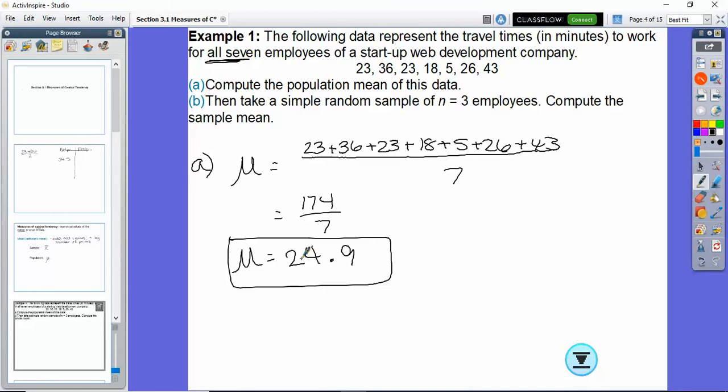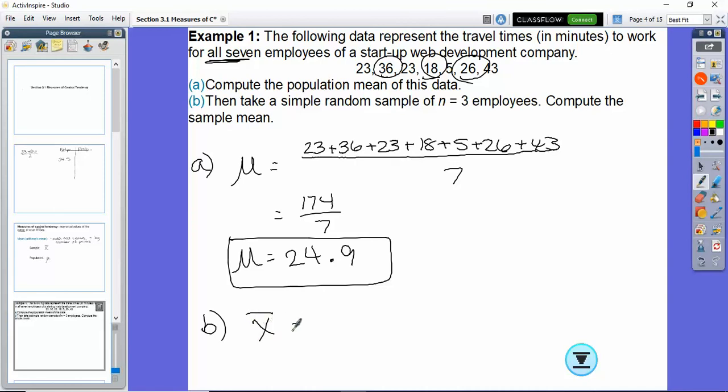Part B. Take a simple random sample of 3 employees and compute the sample mean. So I'm just saying we're going to randomly pick 3 of them. All right. We know we can do that a couple different ways. You could do a random number generator or something. Let's say I pick those 3. How would I find my population mean? Or sorry, my sample mean?